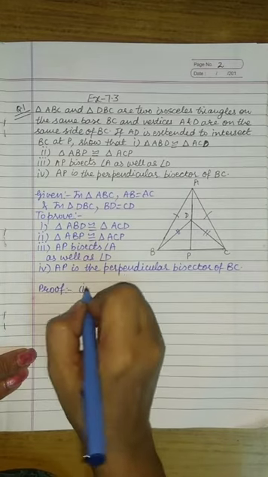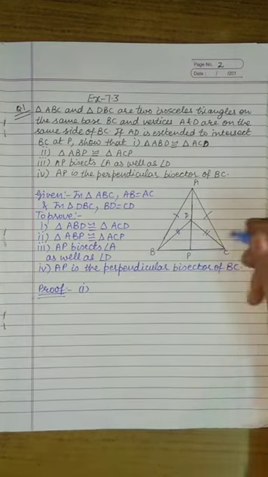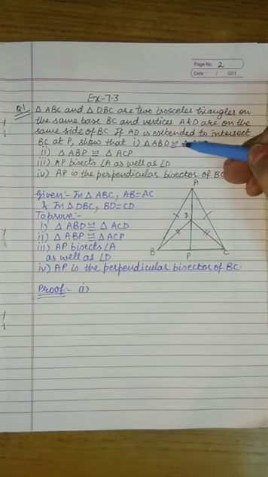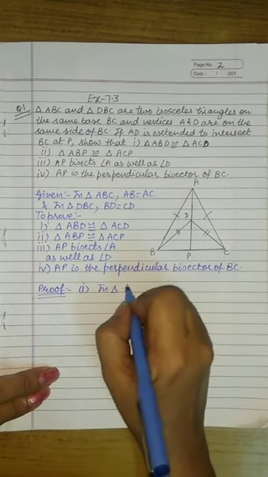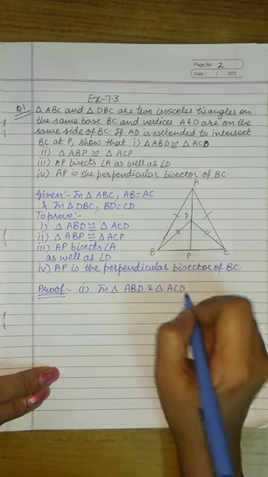So we are starting from the first part. See, in the first part, what is given to us is that triangle ABD is to be made congruent to triangle ACD. So we will write in triangle ABD and triangle ACD.